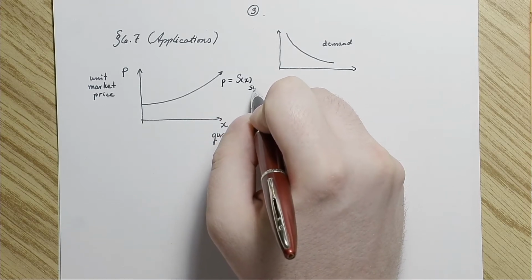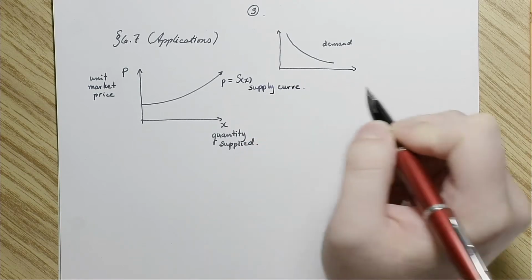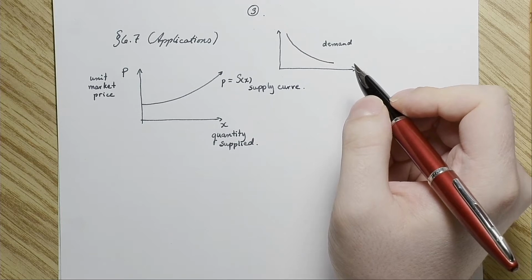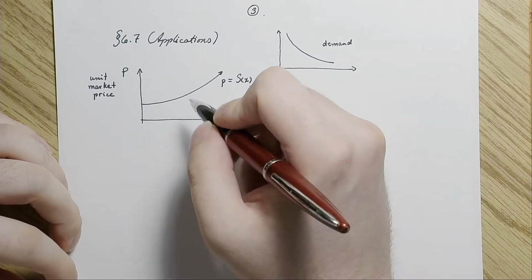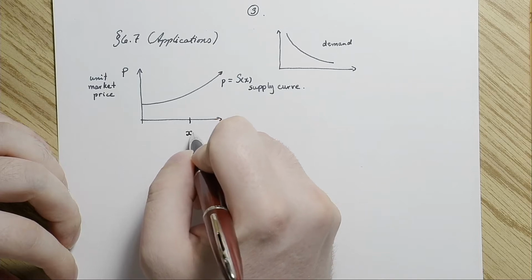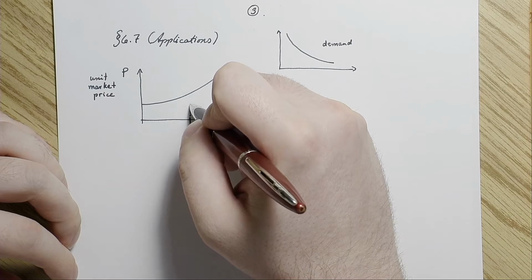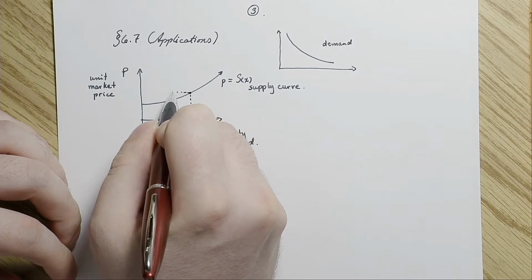This is called the supply curve. Usually the supplier will set the price. So for instance, he'll say, we'll set the price at x bar. So here it is, and that corresponds to a price that he should set.